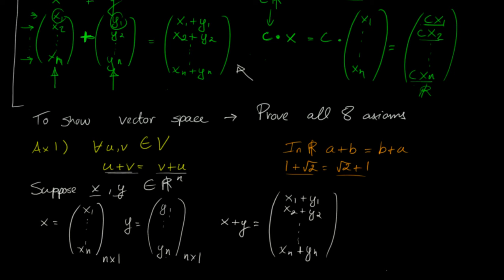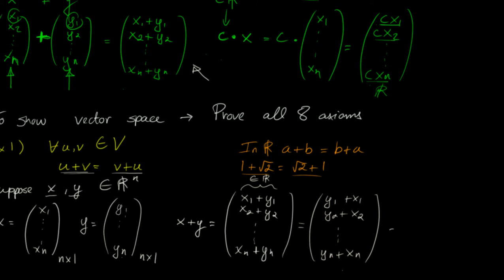So what we can do, because this sum is actually over R, is apply that rule, and we can say that it's equal to y1 plus x1, y2 plus x2, and so on until yn plus xn. And when I get to that step, I can now separate my vector as y1 through yn plus x1 through xn.